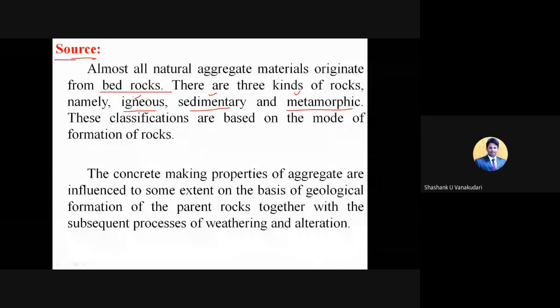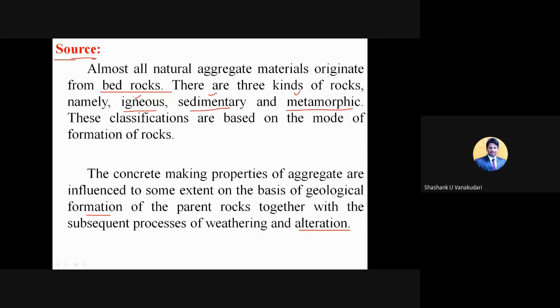Clear? So the concrete making properties of aggregates are influenced to some extent by the geological formation of the parent rocks, together with the subsequent processes of weathering as well as alteration. Alteration is with respect to the shape as well as the size, and again with respect to weathering conditions we need to choose, because as you all know, we cannot directly use the aggregates once we extract them from the earth's surface.